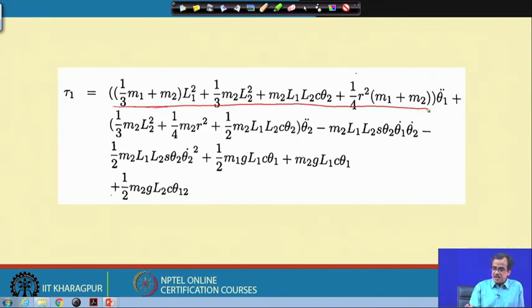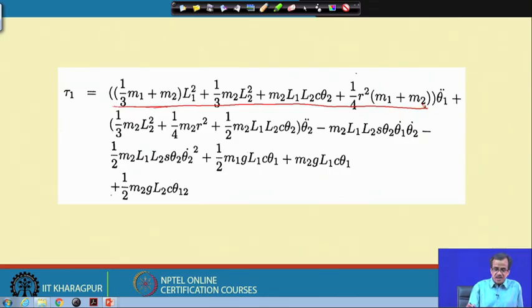So, this big expression multiplied by theta 1 double dot, that is 1/3 (m 1 plus m 2) L 1 square plus 1/3 m 2 L 2 square plus m 2 L 1 L 2 cos of theta 2 plus 1/4 r square into (m 1 plus m 2).